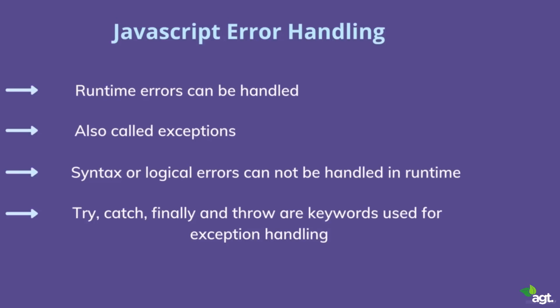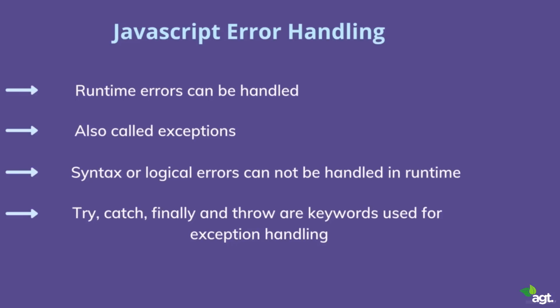But during execution, anytime something may cause an error at runtime, and those runtime errors are called exceptions. At runtime, only the exceptions can be handled. For example, if you have any syntax or logical errors, we will not be able to handle such things. But if it is any runtime error or exception, that can be handled.